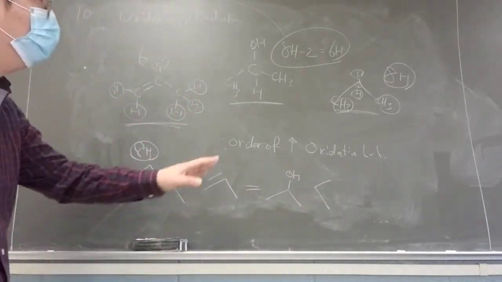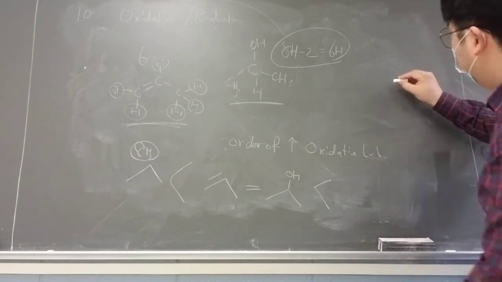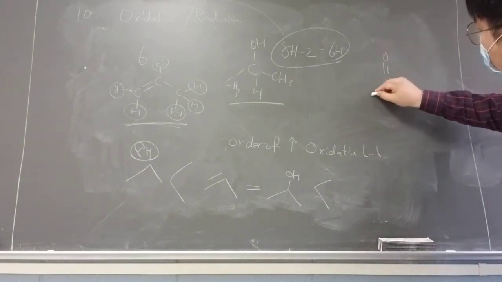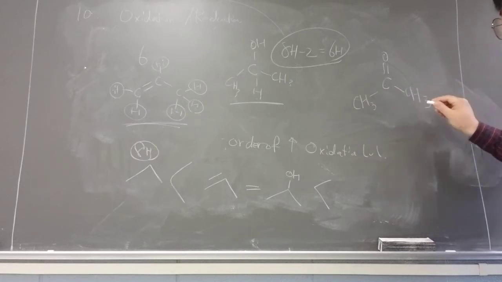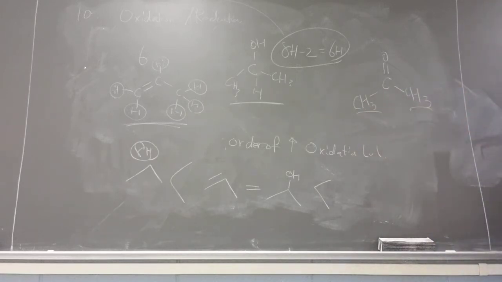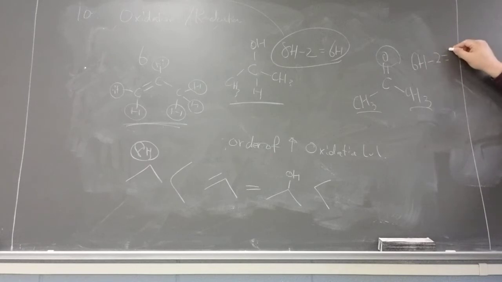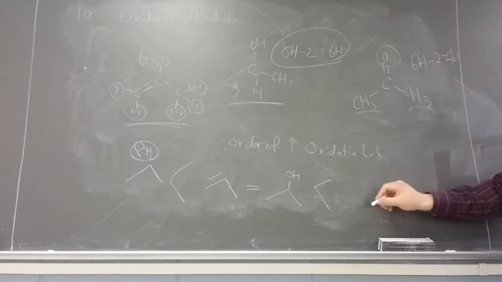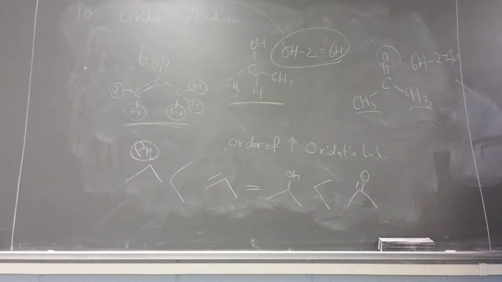That makes this one the most oxidized. If you have a carbonyl group over here, you have 6 hydrogens, but you have oxygen, so 6 hydrogens minus 2, that's 4. Okay. So that will make it the most oxidized because it has the fewest hydrogens.